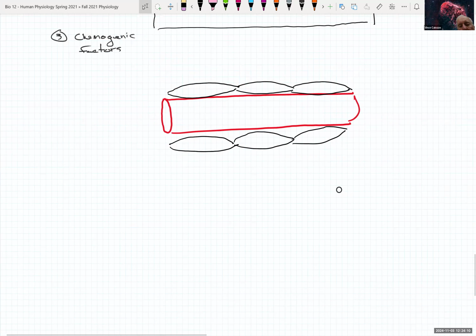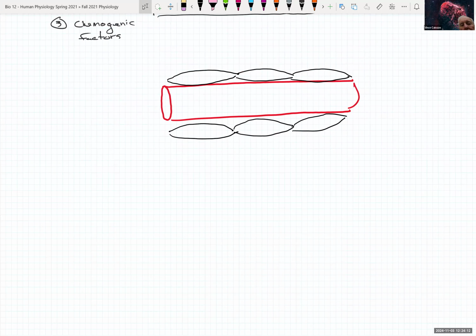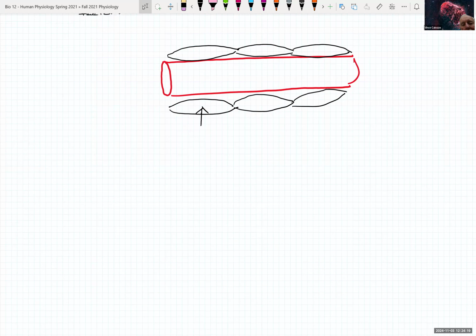So this is a blood vessel showing the lumen in red. And then we've got these so-called endothelial cells.